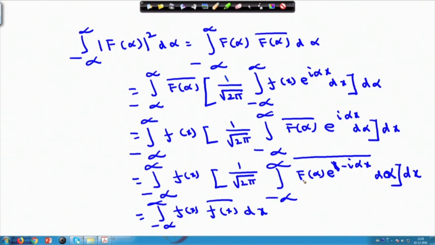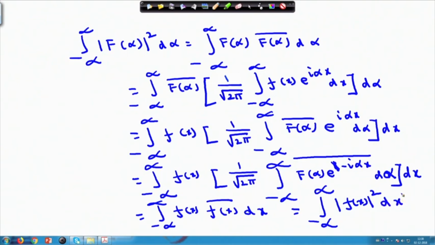This I am writing as F(alpha) into e power minus i alpha x whole bar, I am just writing over here. And this integral is nothing but 1 by root 2 pi, integral from minus infinity to infinity F(alpha) into e power minus i alpha x d alpha, is f(x) bar only. So, that this equals the integral from minus infinity to infinity f(x) bar whole square. So, this is again the integral from minus infinity to infinity of absolute value of f(x) whole square into dx.